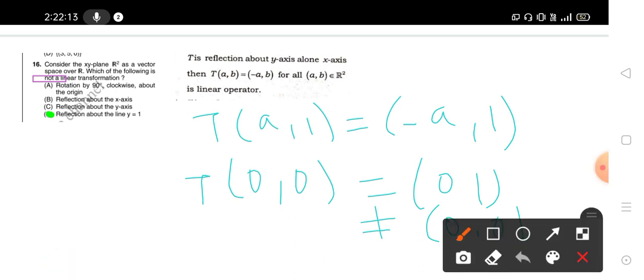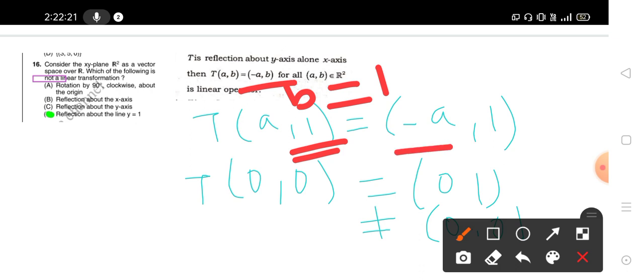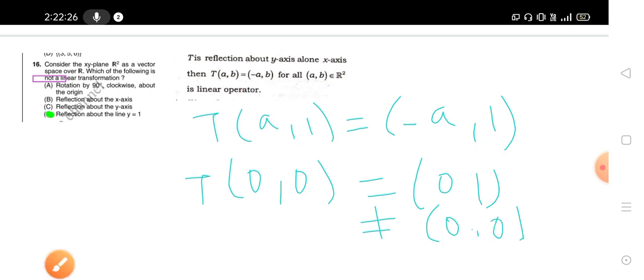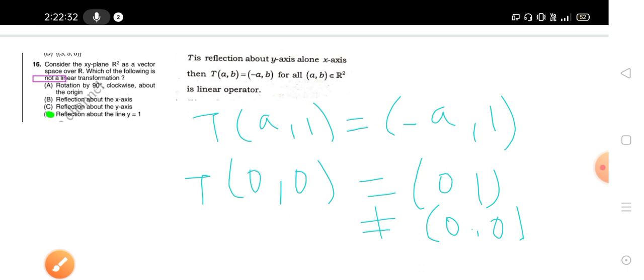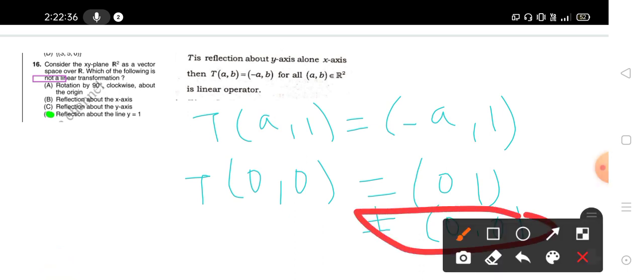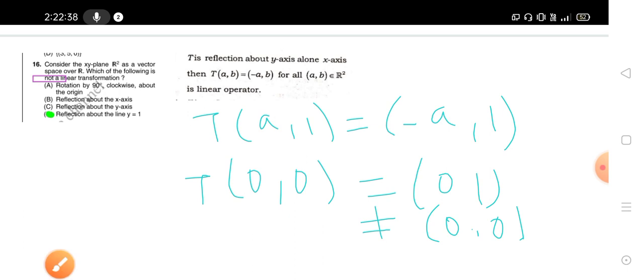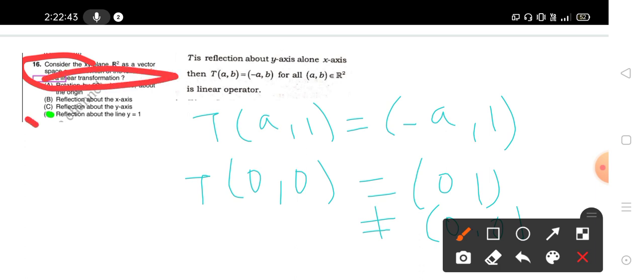Put b equal to 1, and finally we get (minus a, minus a into 1), put 0, 0. By the first property of linear transformation, we can't get (0, 0), therefore D is not a linear transformation. But here the question asks for not a linear transformation, therefore answer D is correct.